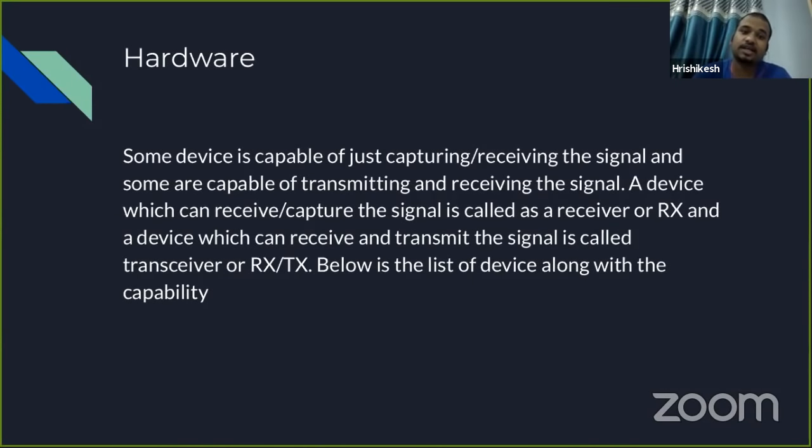A device which can receive and capture the signal is called a receiver, like I said, or can be stated as RX. And a device which can receive and transmit the signal is called a transceiver. Below is a list of devices along with their capabilities, which can transmit, which can receive, and which can do both, transmitting and receiving radio frequencies.